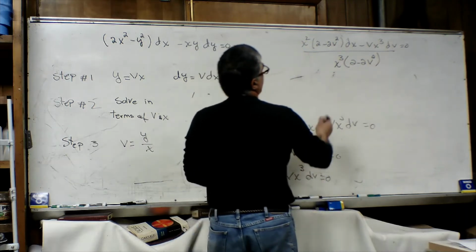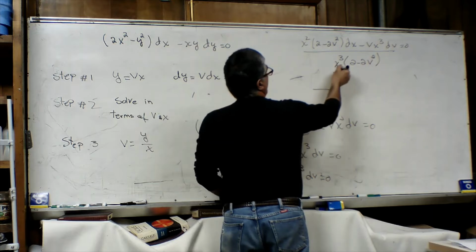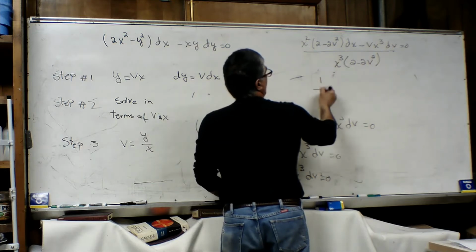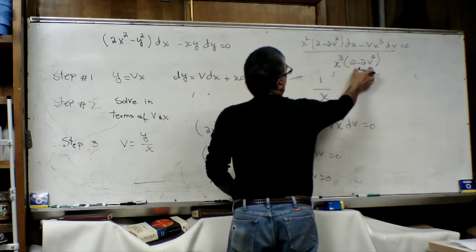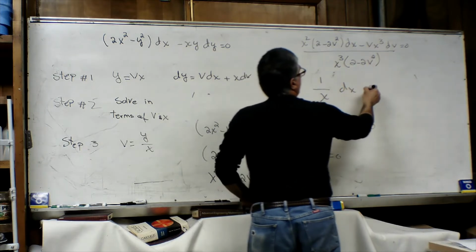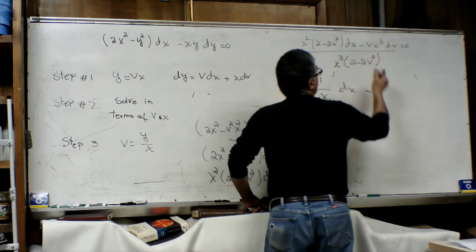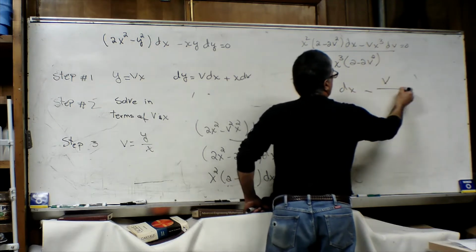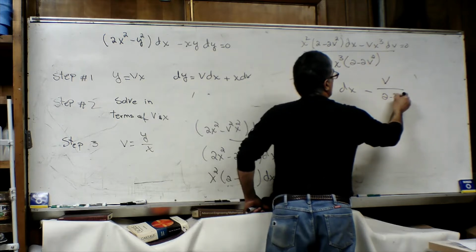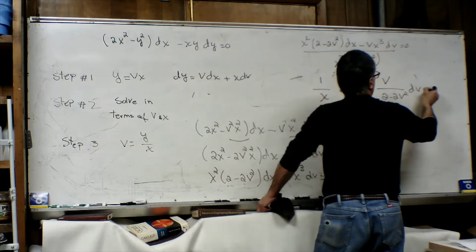If we do that, on this part, x squared divided by x cubed will be 1 over x. This portion will cancel out. dx minus, x cubed will cancel out, v divided by 2 minus 2v squared dv equal to 0.